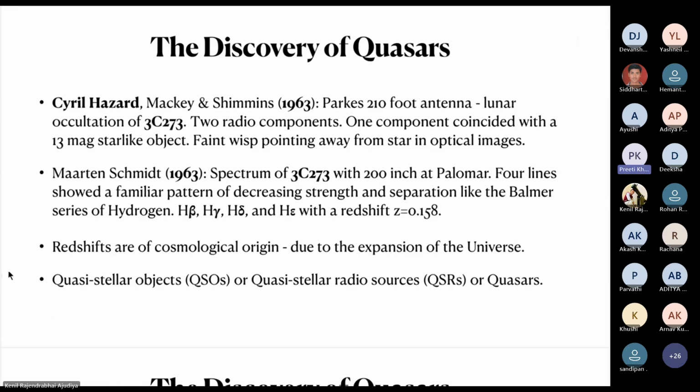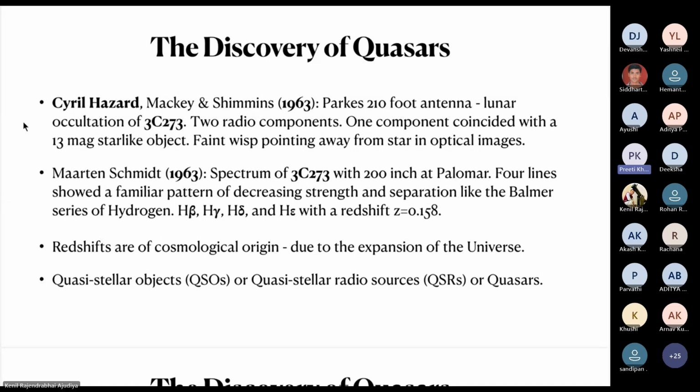The main drive for this kind of research happened after the discovery of quasars. This happened because of the start of radio astronomy and the ability to make radio interferometric images. There were two pieces of work from two sets of astronomers across the world.